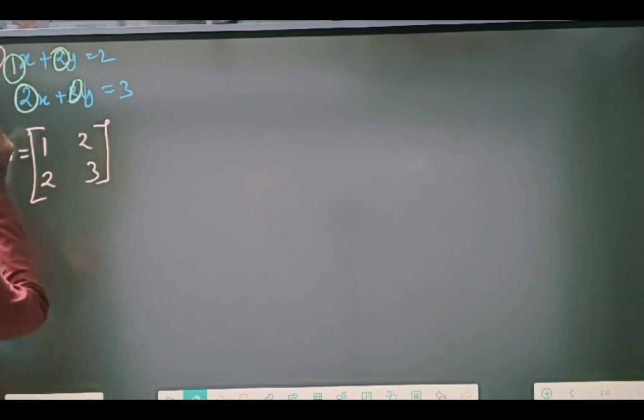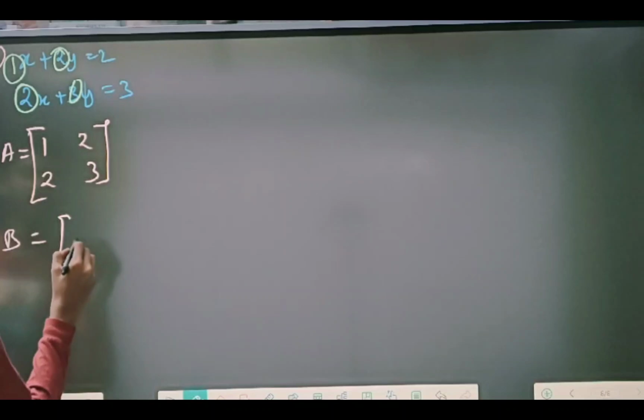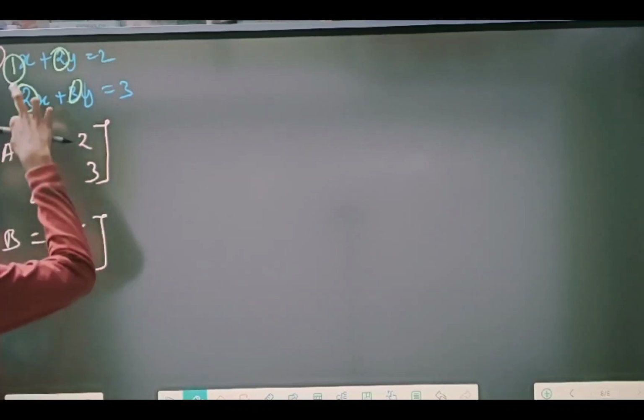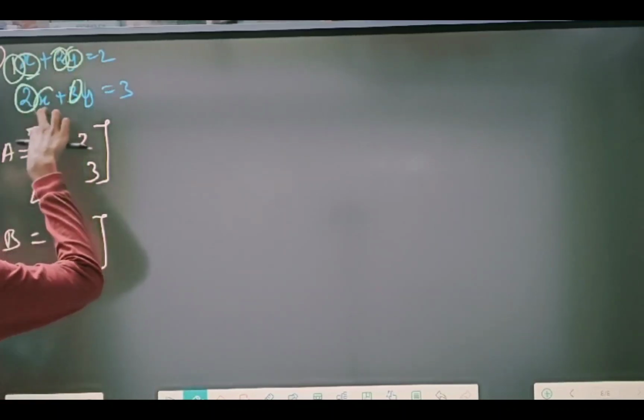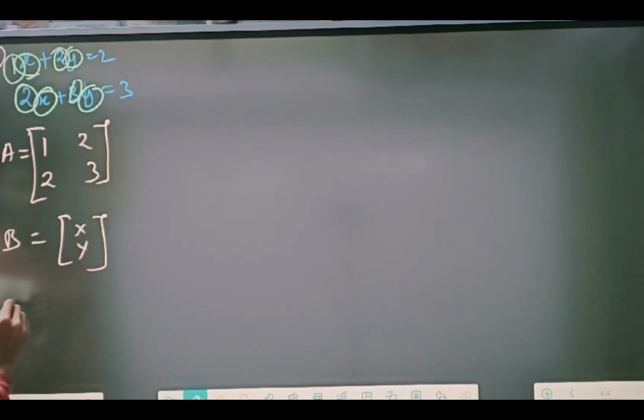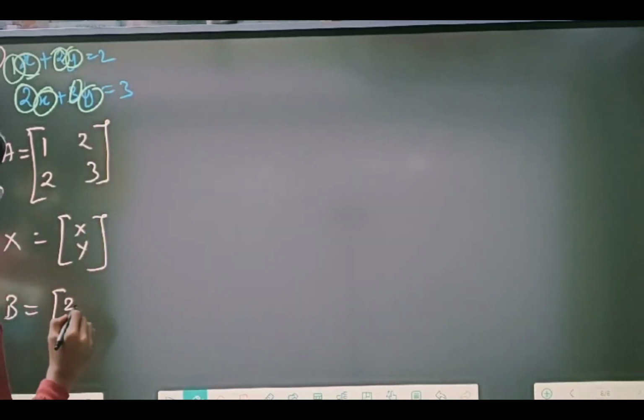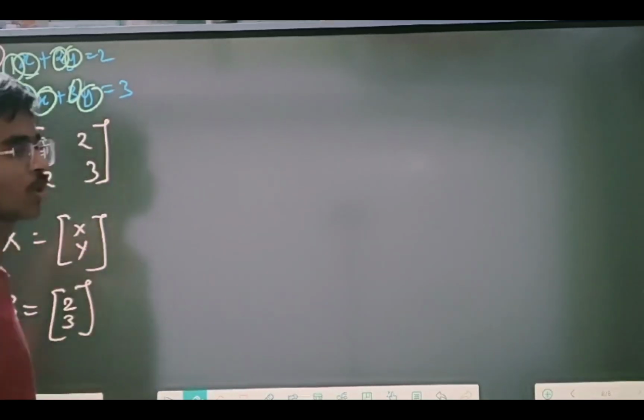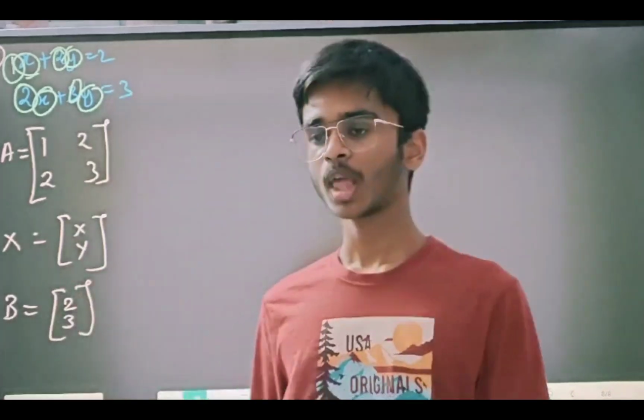Then the X matrix is going to be X and Y, since only two variables are there. Sorry, this is not B, this is X. Then B is equal to 2 and 3.